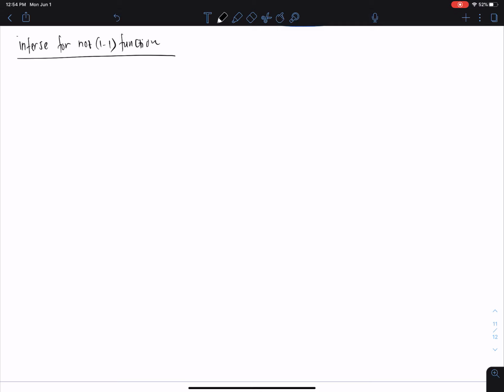Sorry, I guess it shouldn't be f, it should be f inverse. Okay, so for example, we have the function f(x) = x squared. So what will be the inverse function here for f?